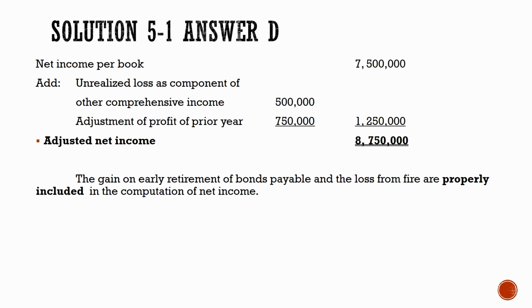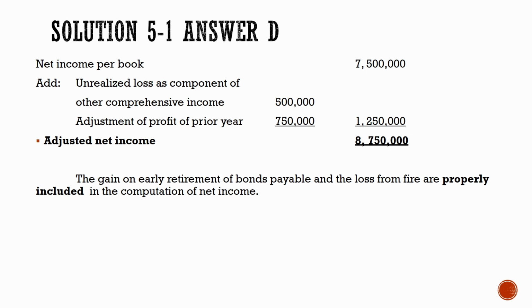of other comprehensive income. It should be added back to net income. The gain on early retirement of bonds and the loss from fire are both properly included in net income, though their being reported net of tax effects on the income statement is in error.